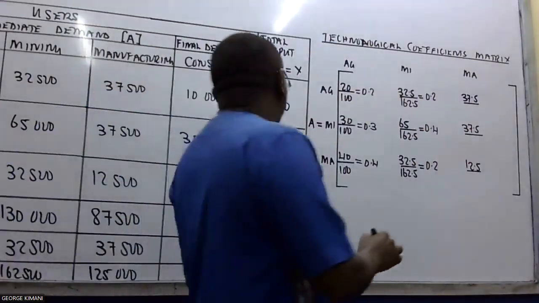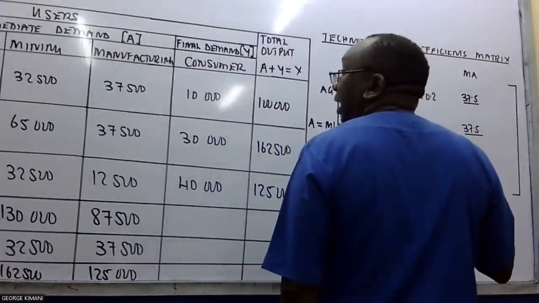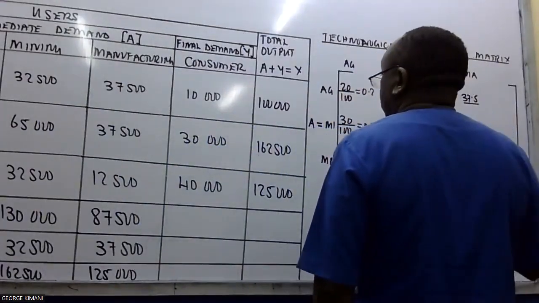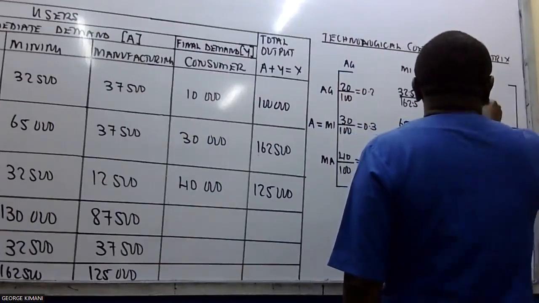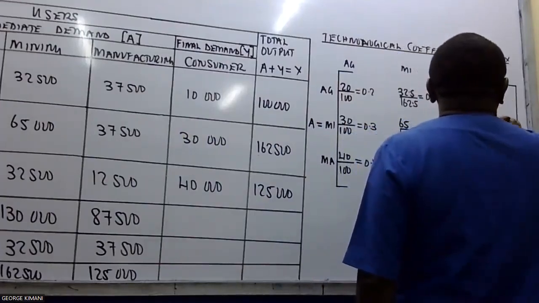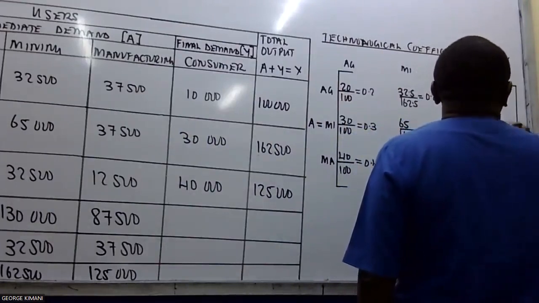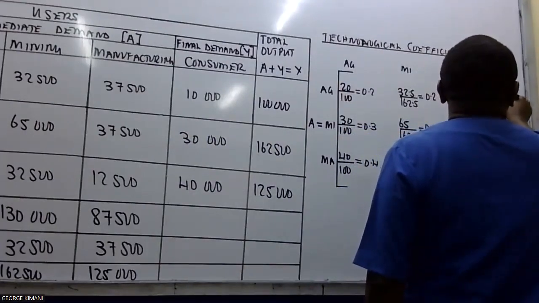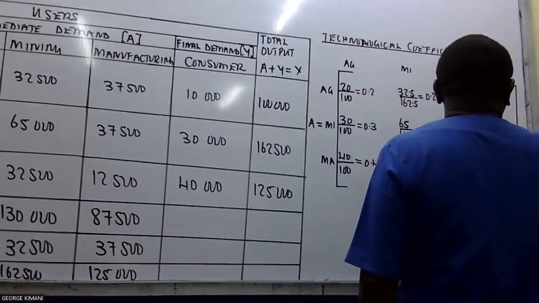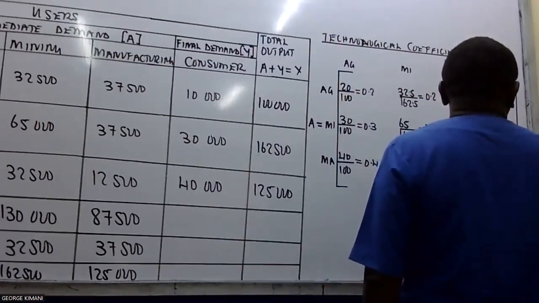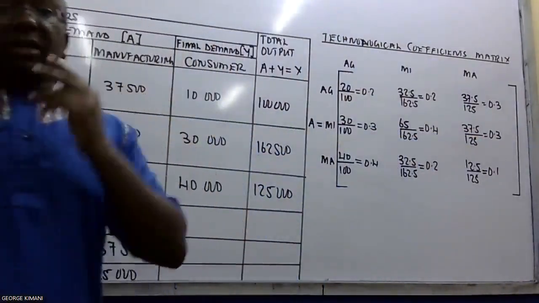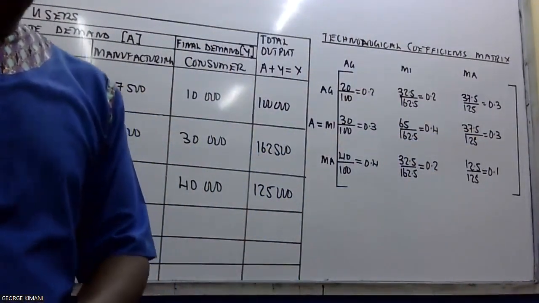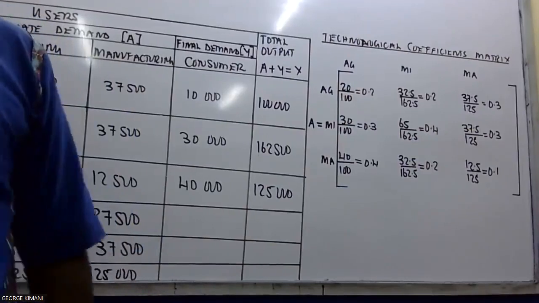The total of the third row is 125. So again, give me the values here. 0.3, 0.3, and 0.1. Yes, that's now what we call the technological coefficients matrix A. That is how it is prepared.